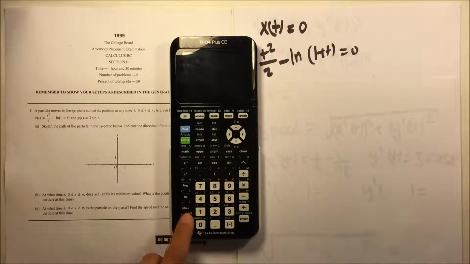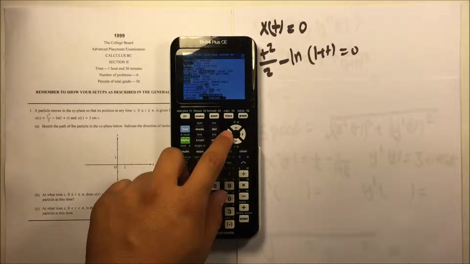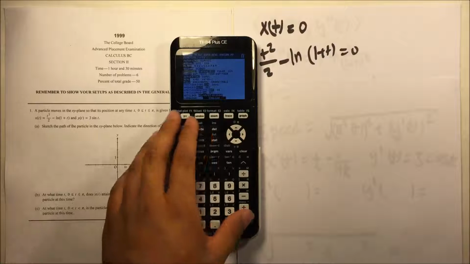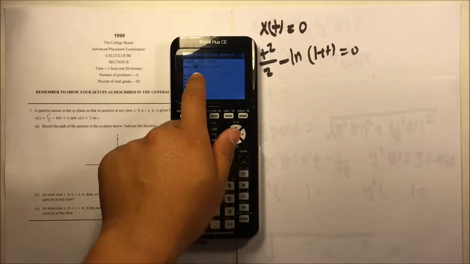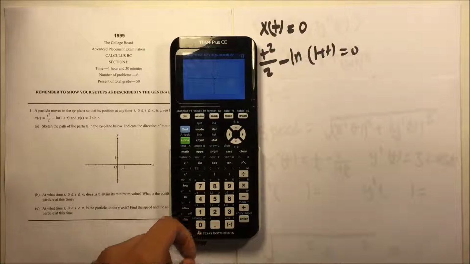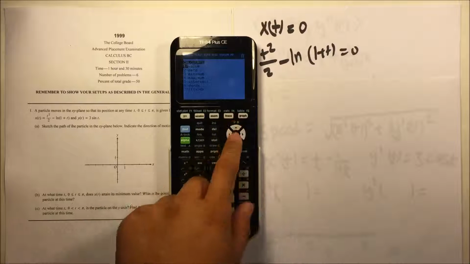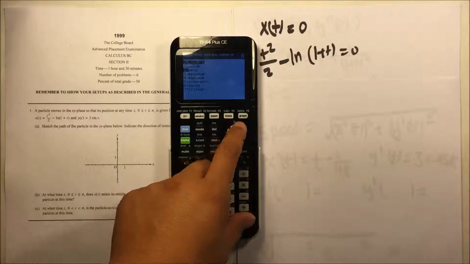To find when this is true, we fire up our graphing calculator, go to mode, and switch it back to function from problem 1. I already typed in the function, and then we just hit graph, then second F4, the zero function.